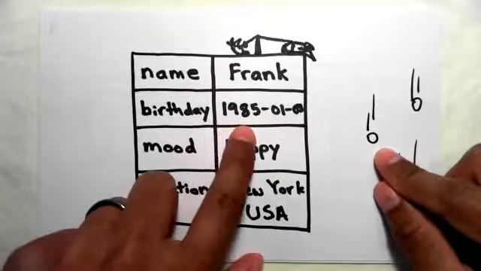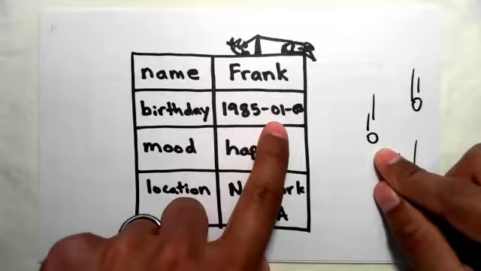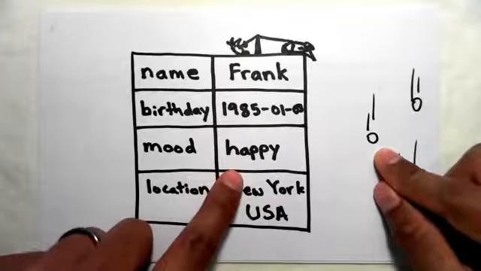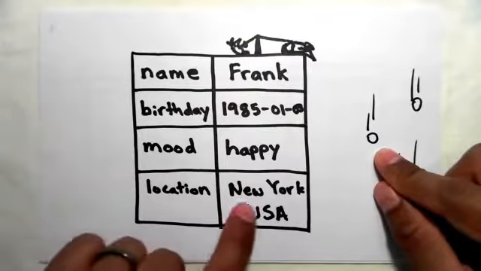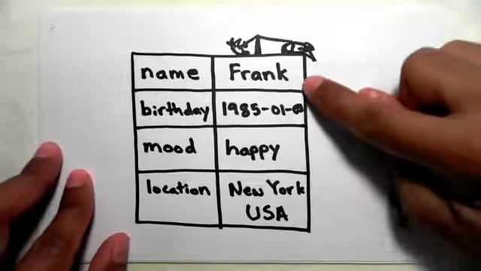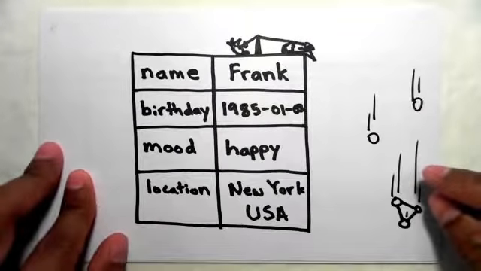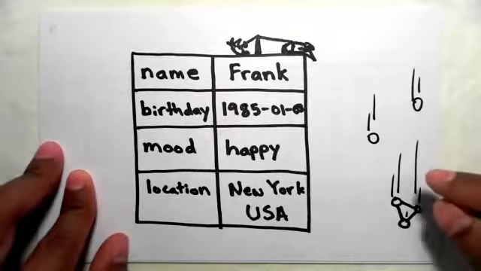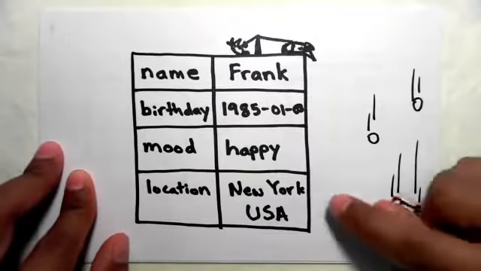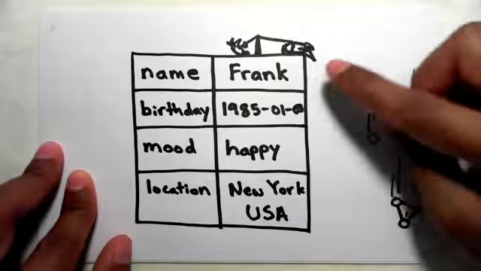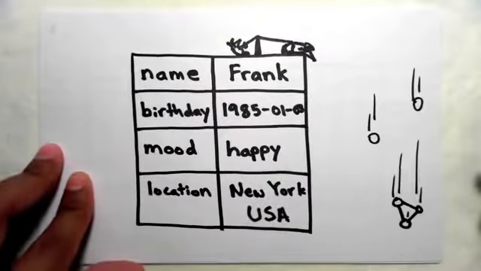This birthday property has a value of January 3rd, 1985. This mood property has a value of happy. This creates this island of information that the computer can understand. It knows how to process it because it has a pretty regular format. The problem is that it's not linked to anything. It's out on its own, and there's no way to figure out what Frank's relationship is to the rest of the world.